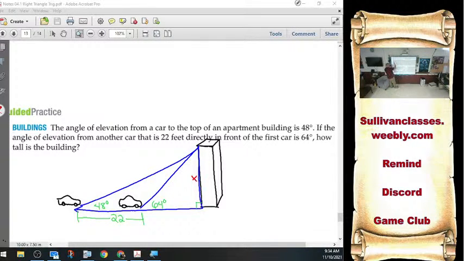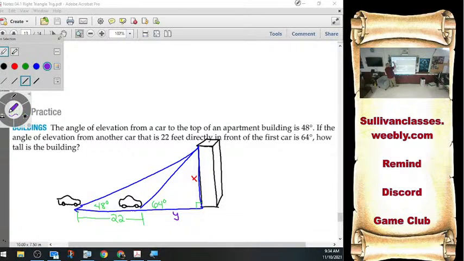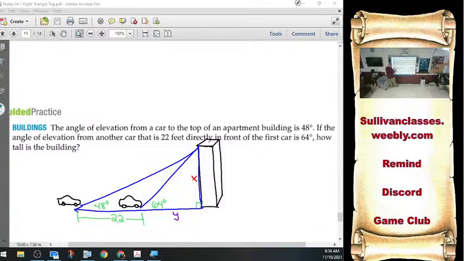So I need a placeholder. Y. And I start out with orange. We'll say tangent of 64 is x over y, and tangent of 48 is x over 22 plus y.